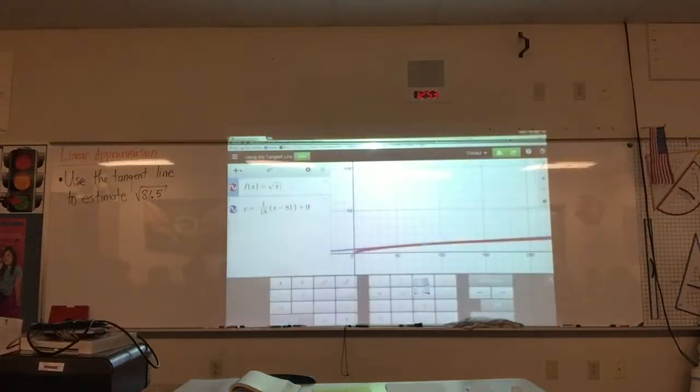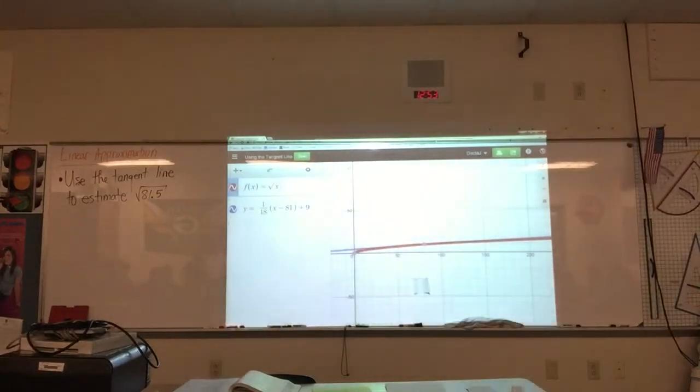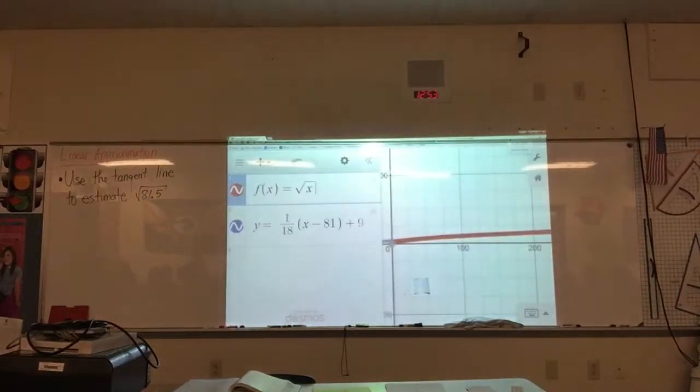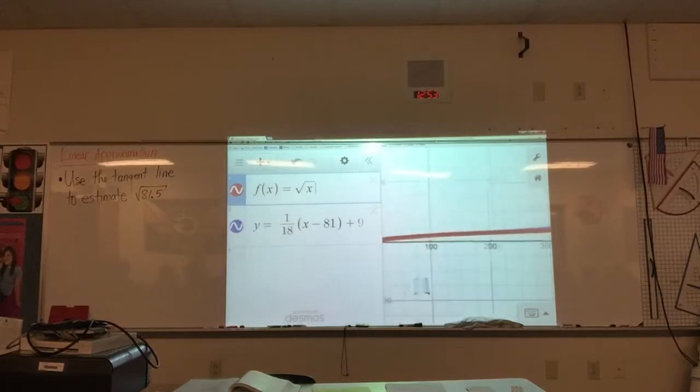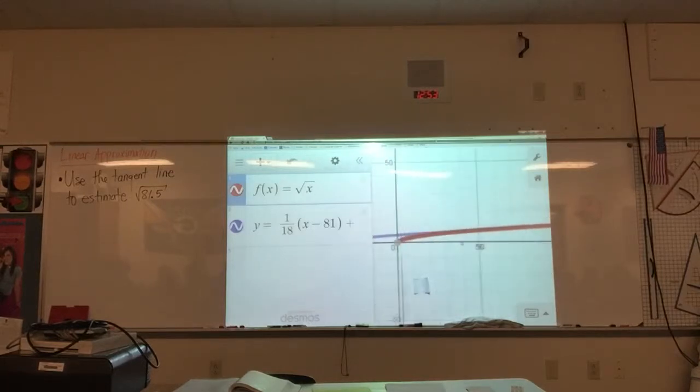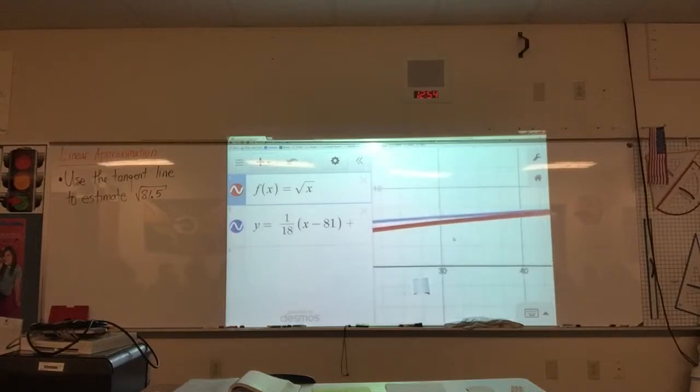So what I've got here is the function the square root of x. And I've got a line that's tangent to the square root of x as well. Everybody see that? There's a line that's tangent.